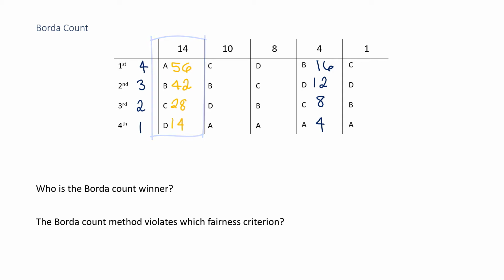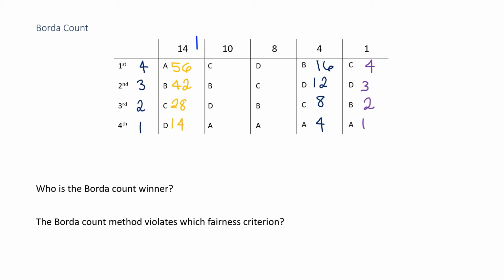Let's do that for the CDBA. There was only 1 ballot, so multiplying the places by 1, you're going to have 4, 3, 2, and 1.